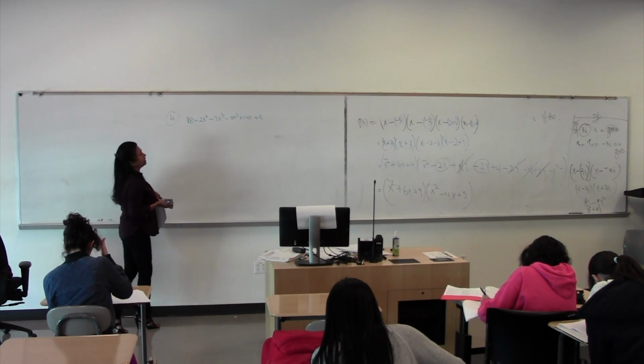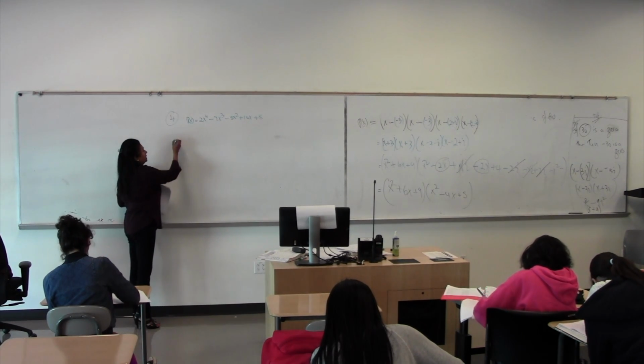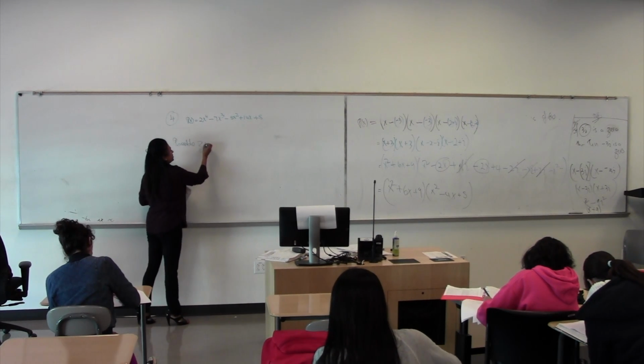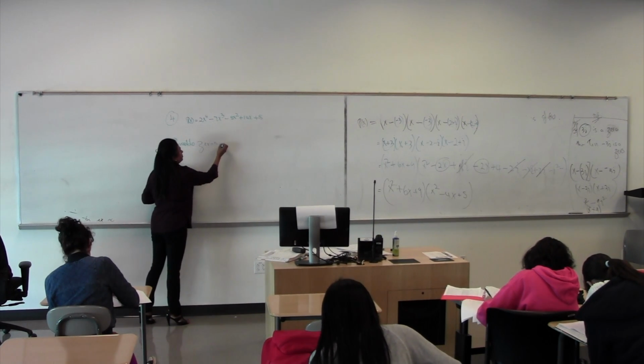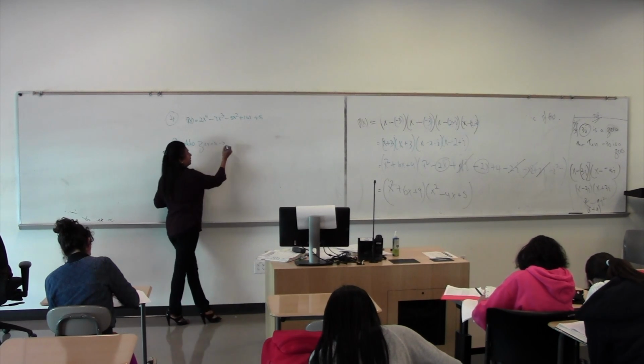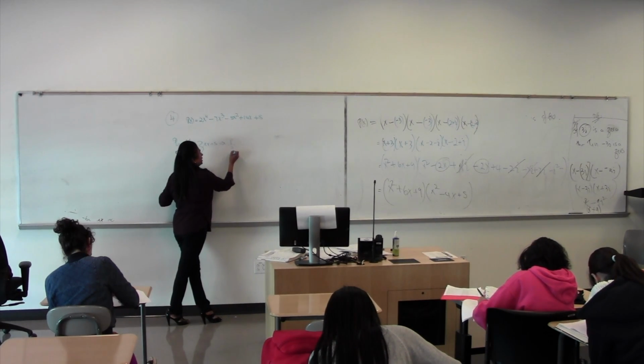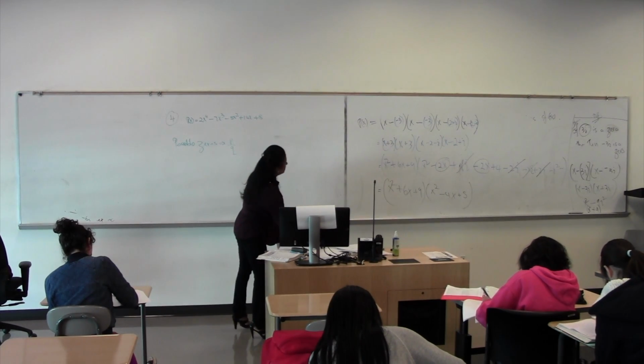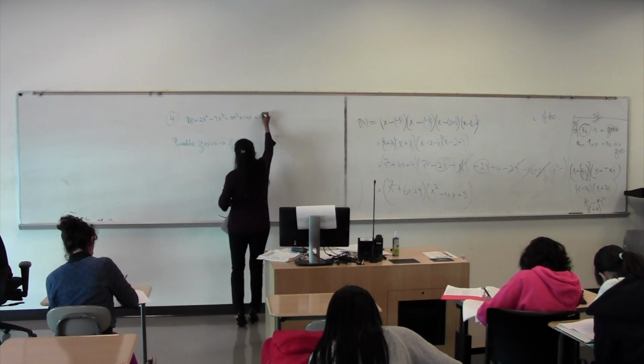What does the rational root theorem say? All possible zeros are p over q. p is all the factors of 8.